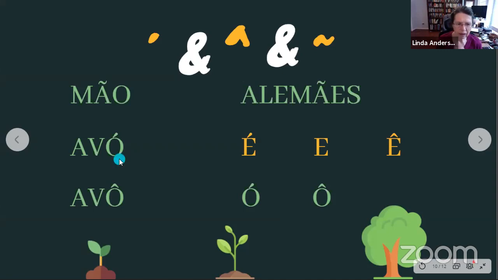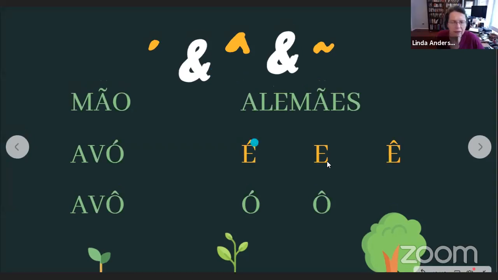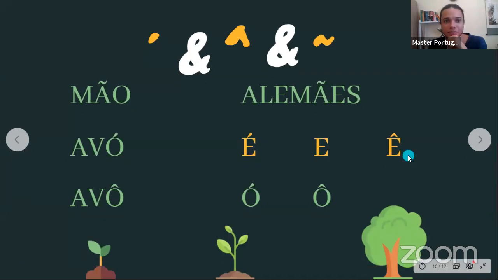Avó, avô, avô. Mão, mão, alemães, alemães. Ótimo. Jéssica. E, é, E. O, O, O. Avó, avó, avô, avô. Yes.